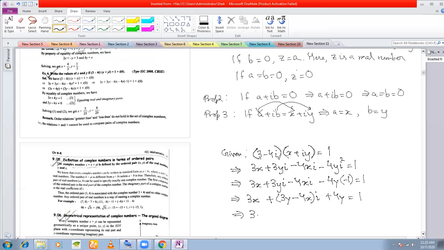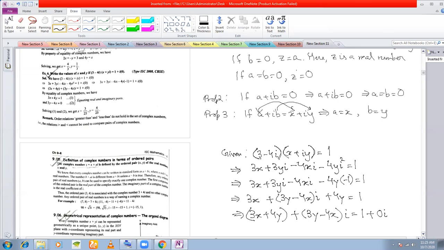Now you take 3x plus 4y, this is the real part, together, and you take the imaginary part together: 3y minus 4x, into i, is equal to 1 on the right hand side, because you have a complex number on the left hand side. This number can be written as 1 plus 0i.